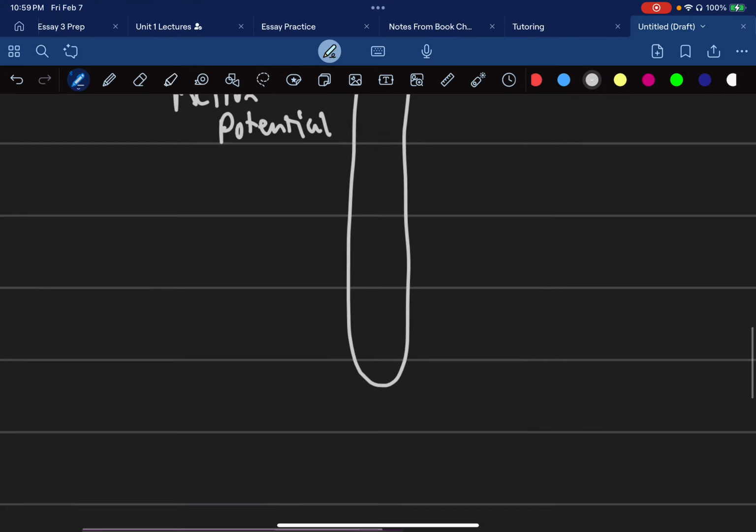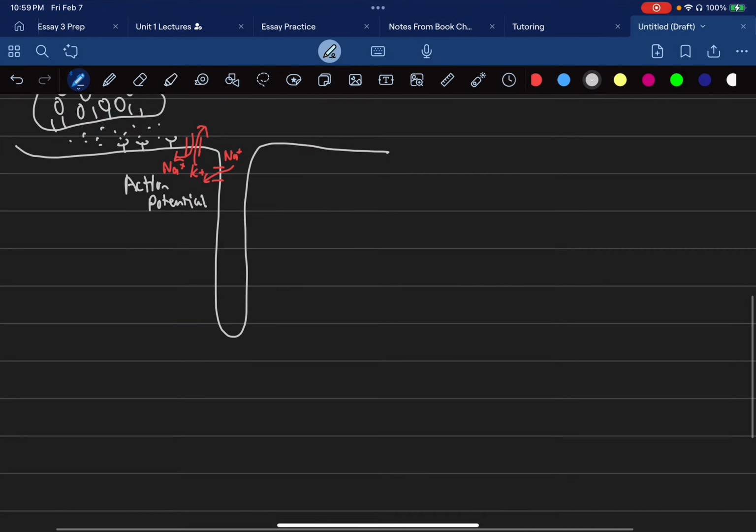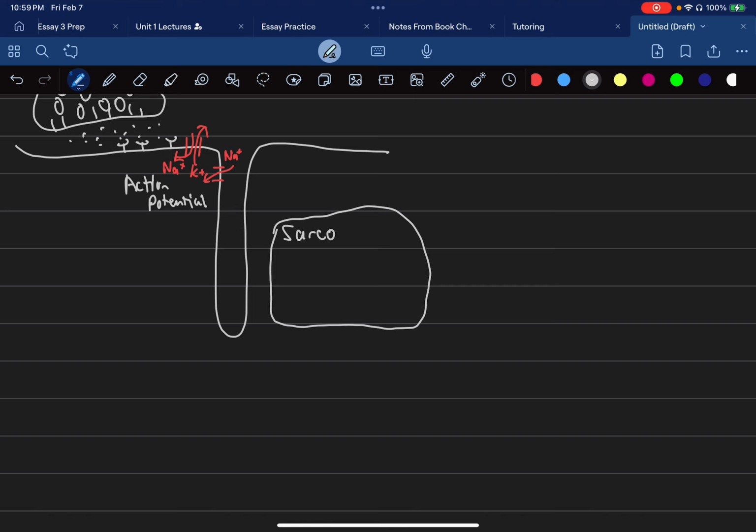And what happens during an action potential? So I'm going to draw on the other side here. Next to this T tubule that we have here, this invagination of the muscle cell, we have next to it something called the sarcoplasmic reticulum.